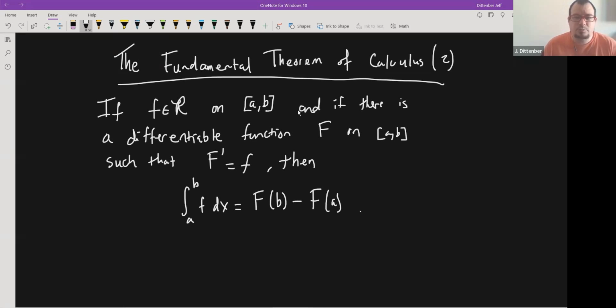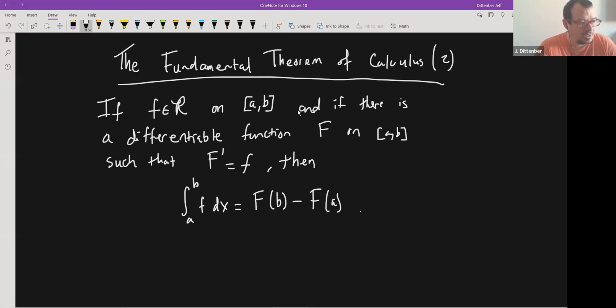Okay, so we're going to prove this using partitions and using theorems about the Riemann-Stieltjes integral. So the first thing you want to note is that the Riemann-Stieltjes integral contains the set of Riemann integrable functions. In other words, the Riemann integral is a special case of the Riemann-Stieltjes integral.